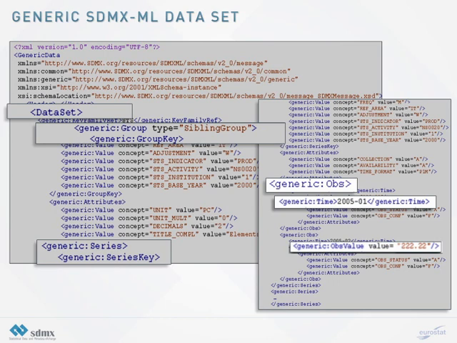The generic format is a self-descriptive message. The XML elements, dataset, group, series, obs, attributes, and the XML attributes, concept, value, included in this generic message can be understood and interpreted independently from the DSD.